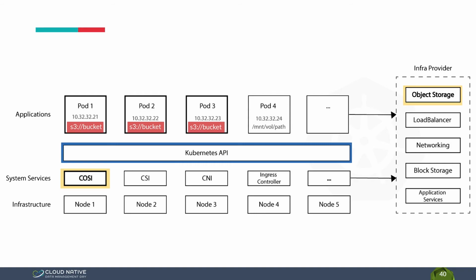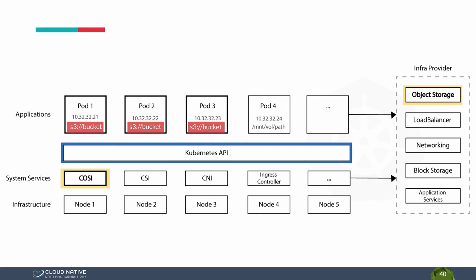This diagram explains the same life cycle that I was explaining earlier, which shows the life cycle of a bucket where a pod requests a bucket, and then COSI receives that request, and COSI translates that request into an object storage specific call, and the object storage provisions that bucket and creates credentials for it. COSI takes those credentials, puts them back into the pod, and you can use it.